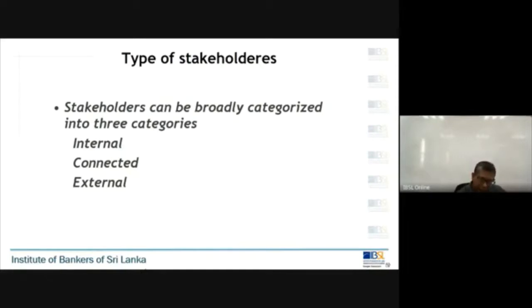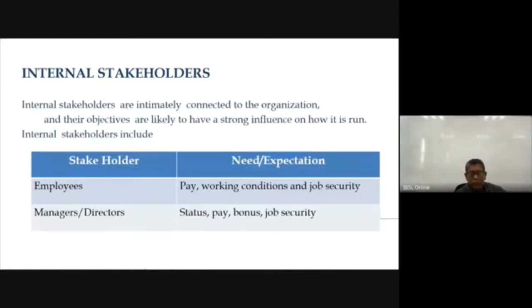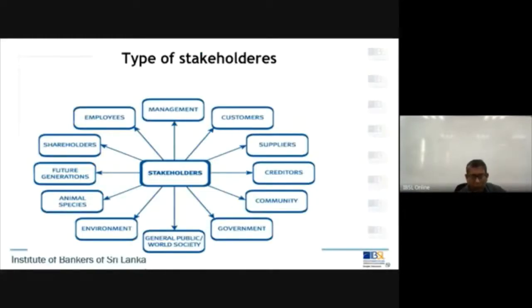So we identify three types of stakeholders. All the stakeholders have some sort of interest in the organization. We need to understand their level of value, their level of importance.